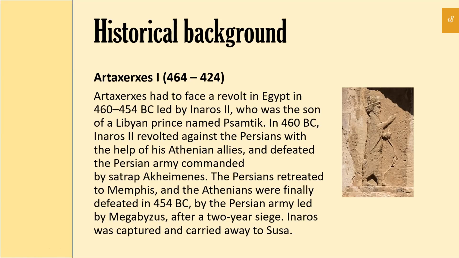And we can understand this because, do you see, Judah was a province just at the border of Egypt, and for Artaxerxes it was very important that in this province there was peace and nobody wanted to rebel against him. That is why he did something that could please the Jews, so they could be pacified by his actions.